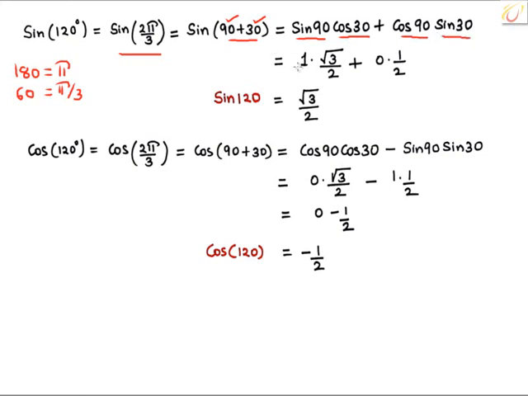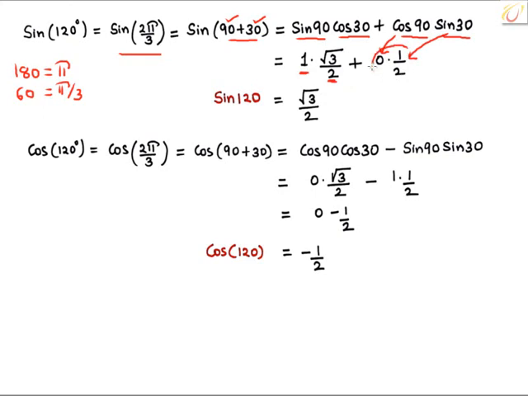So what is the value of sin 90? All of us know sin 90 is 1. What is the value of cos 30? All of us know cos 30 is root 3 by 2. What is the value of cos 90? Cos 90 is 0. What is the value of sin 30? Sin 30 is half. So 1 multiplied by root 3 by 2 plus 0 multiplied by half.